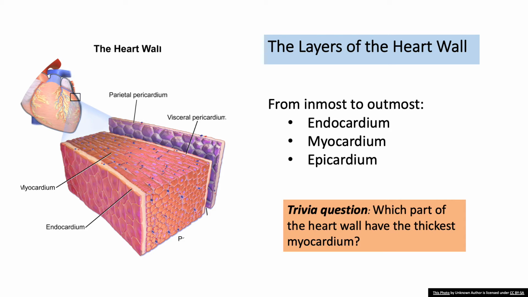The heart is enclosed in a membranous sac we call the pericardium, which protects it, prevents it from overexpanding, and anchors the heart inside the thorax.